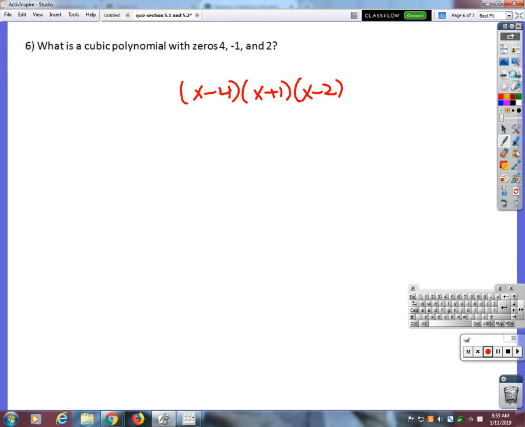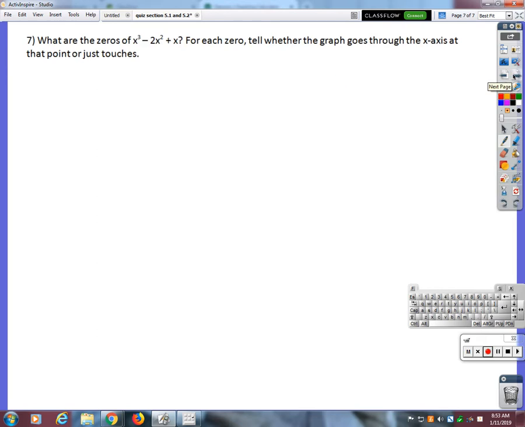And then the last one, this is what we were doing from your assignment just before. You have to factor this first. So what can you factor out of this? An x. So that would give you that. Then you have to factor this.